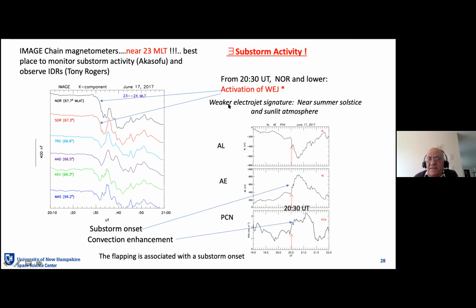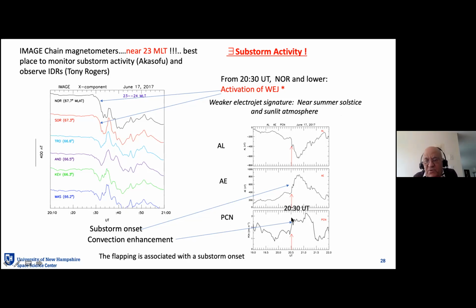And at the same time, we look at the indices here, the auroral AL, AE, and the polar cap north index, and we see clearly that there is a substorm onset at this time. At the same time, the PCN index shows you the strength of magnetospheric convection, and it tells you here that magnetospheric convection has become stronger at this time, has picked up.